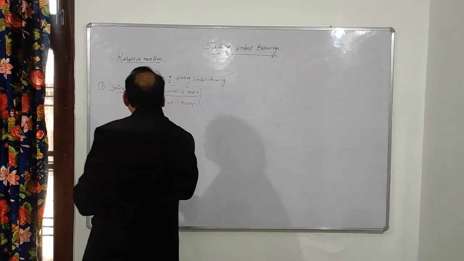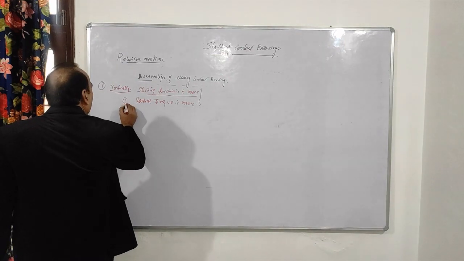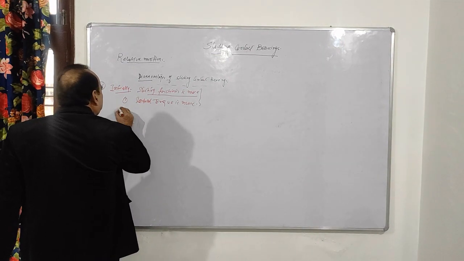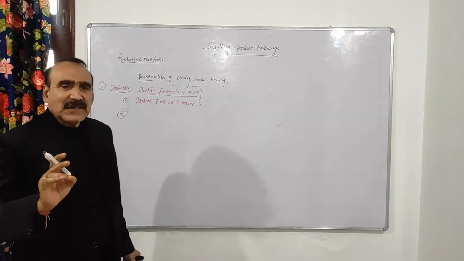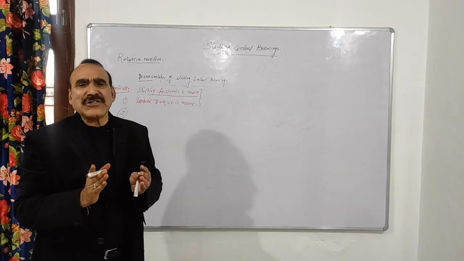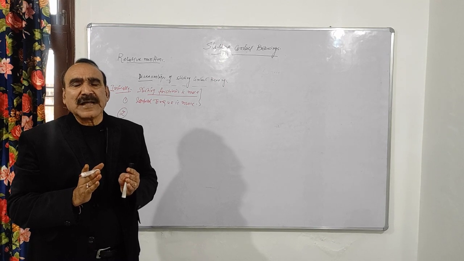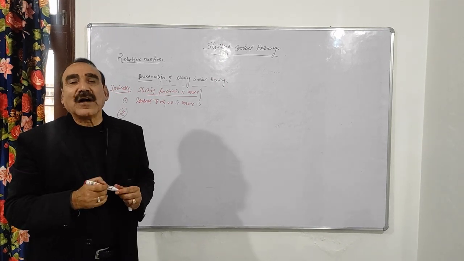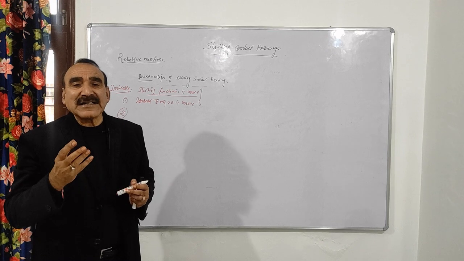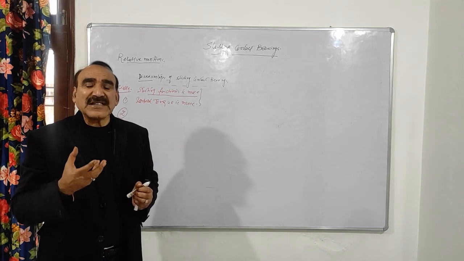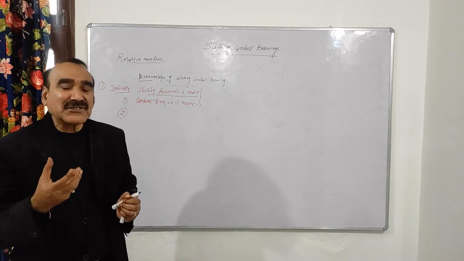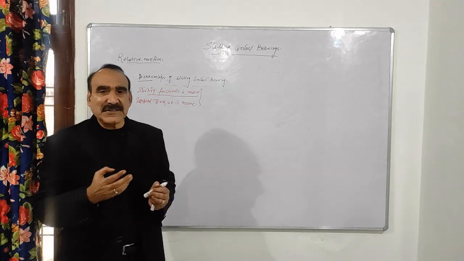Now the next you can say, next इसमें जो शाफ्ट का एक्सिस है और जो बेयरिंग का एक्सिस होगा, दे आर नॉट सेंट्रिक हियर. So they are eccentric to each other, right.